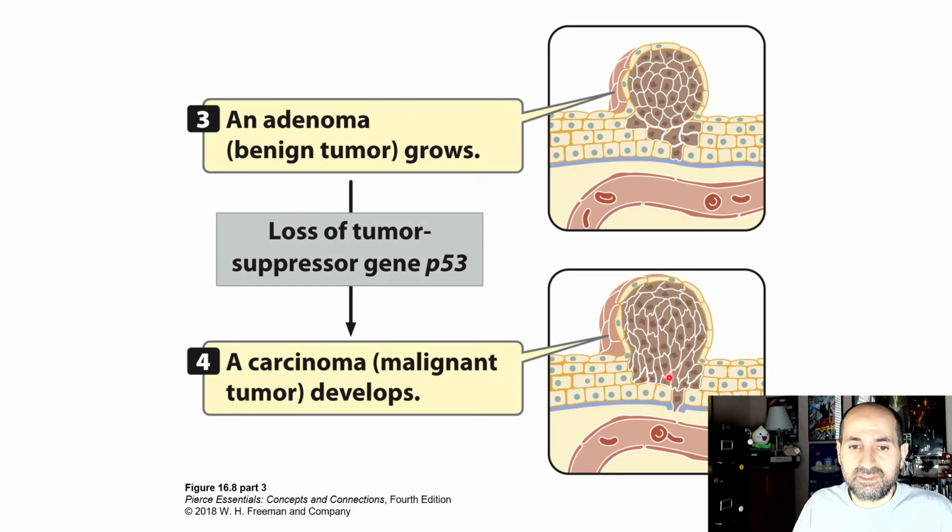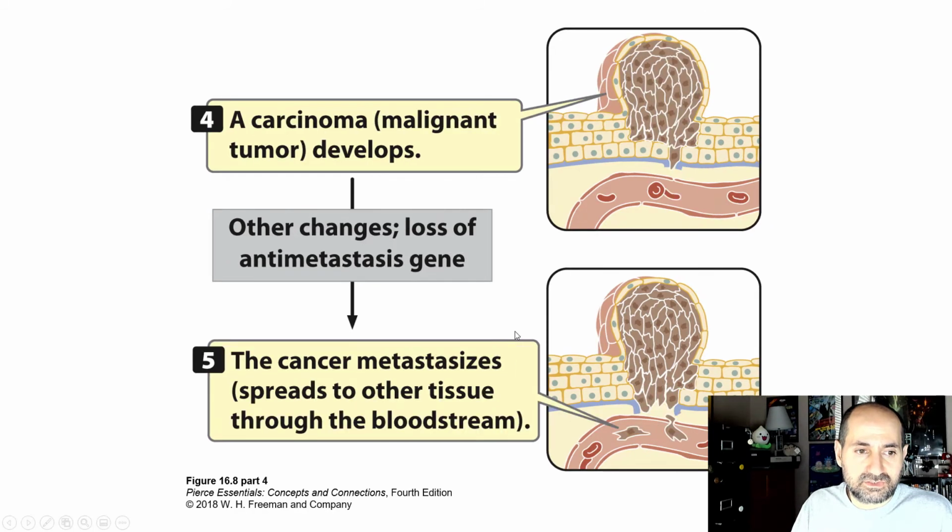Malignant tumors invade adjacent tissues. Next, you lose an anti-metastasis gene. And I'll explain this more in a little bit. And basically that's another insult. And you have a cancer that metastasizes, which means spreads to other tissues through the bloodstream.